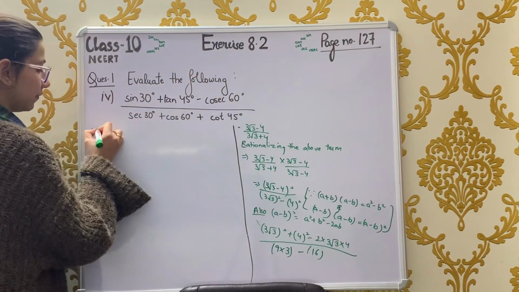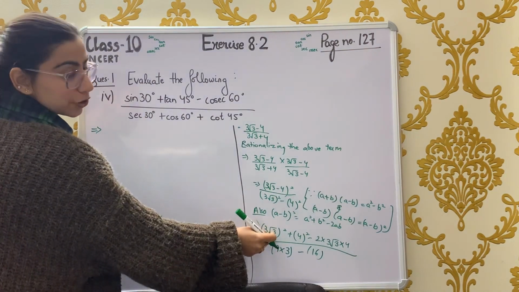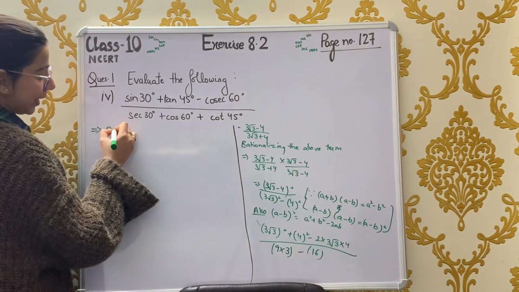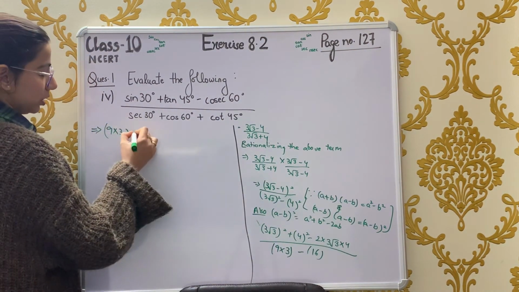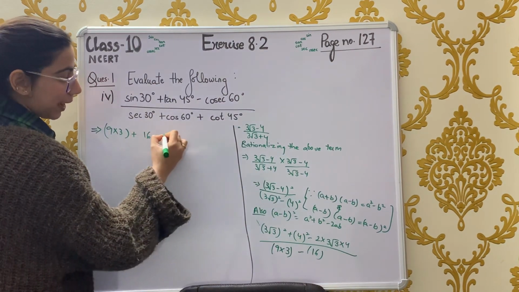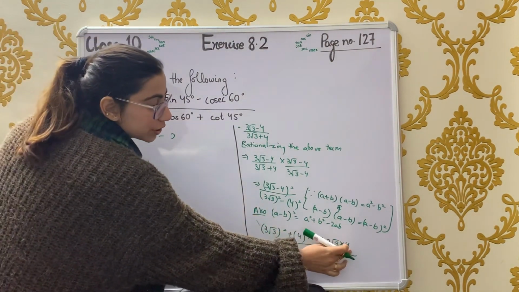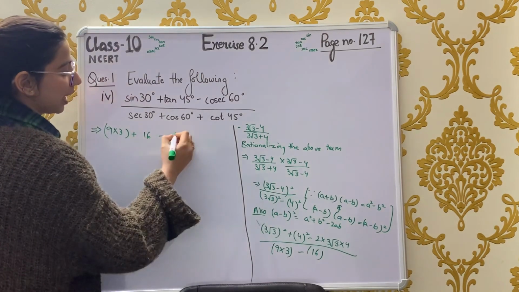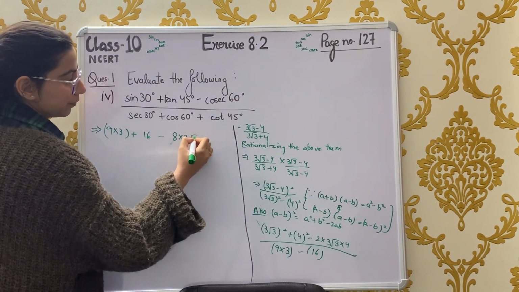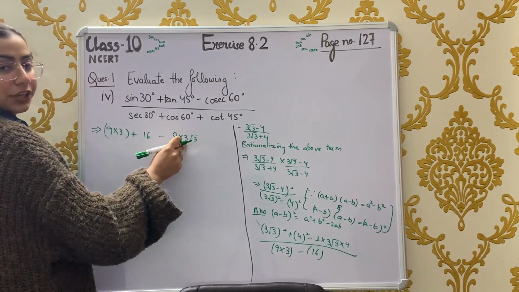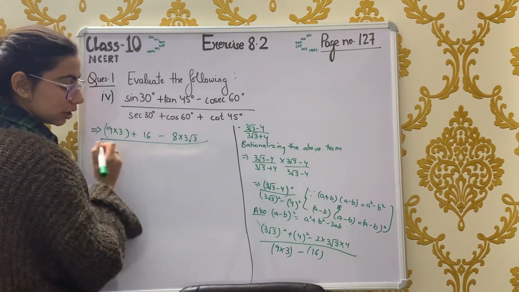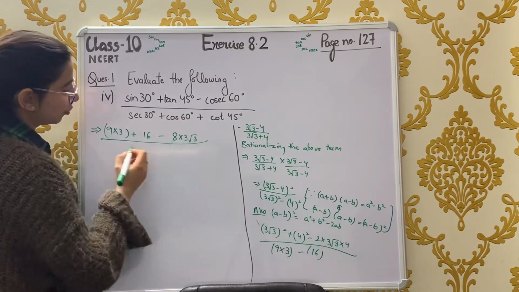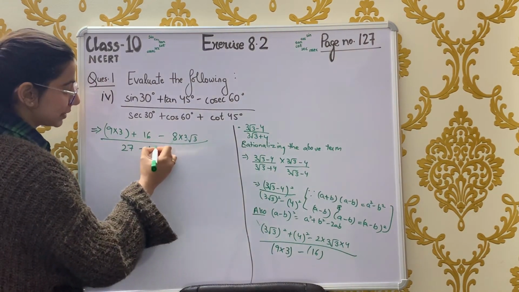Okay, we'll get it as 3 into root 3 whole square, so it's going to be 9 into 3, plus square of 4 is 16, minus 2 into 4 is 8, right? Then we have 8 into 3 root 3. So we can multiply 8 with 3 again. Let's do that in the next step. So 9 into 3 is 27 minus 16.